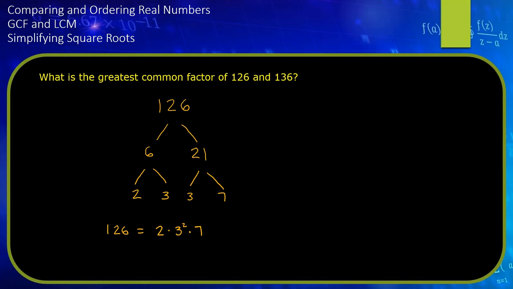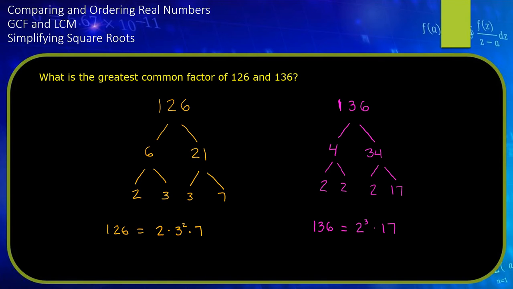Because what you're going to be looking for oftentimes is the lowest exponent of each number if there's any of them in common. So for 136, I can factor that into 4 and 34. The 4 will factor into 2 and 2. The 34 will factor into 2 and 17. Which gives me that 136 equals 2 cubed times 17. Now when I look at these 2 numbers, they both have 2's in them.